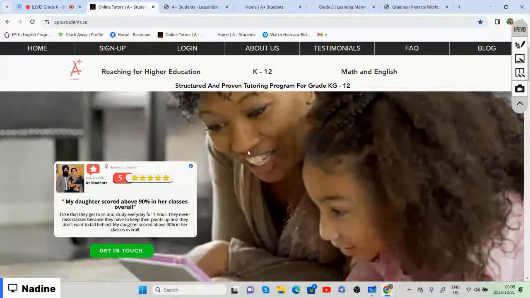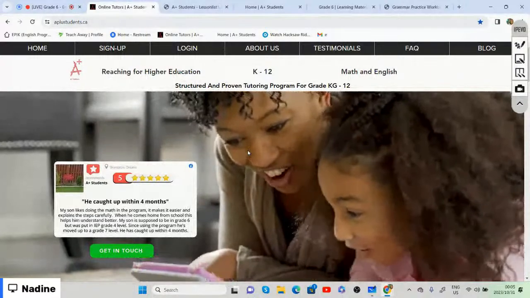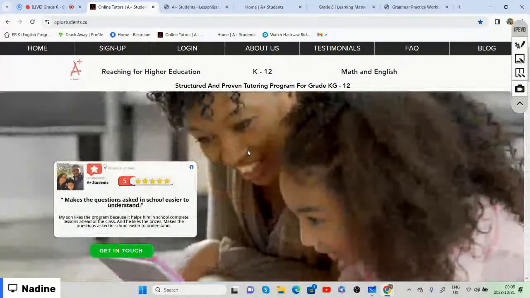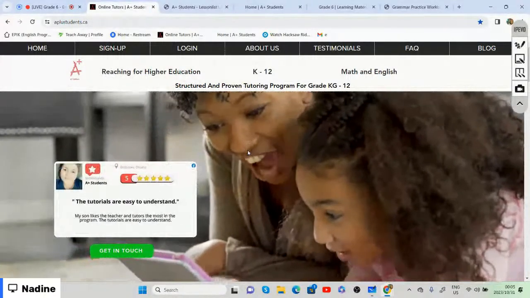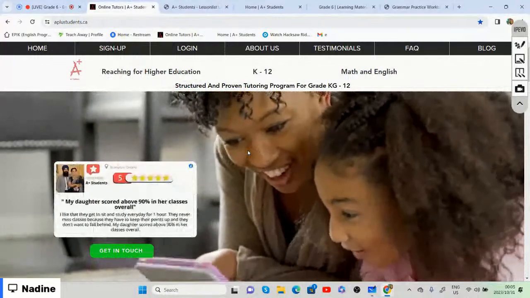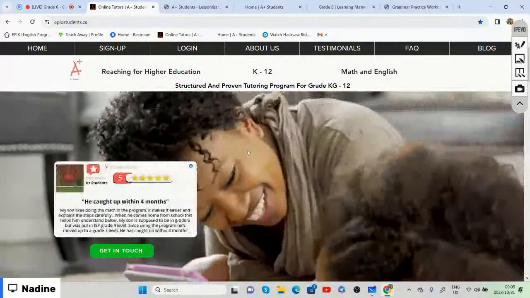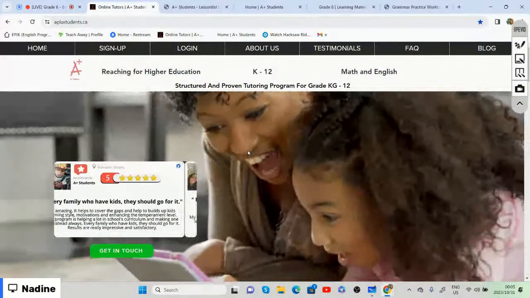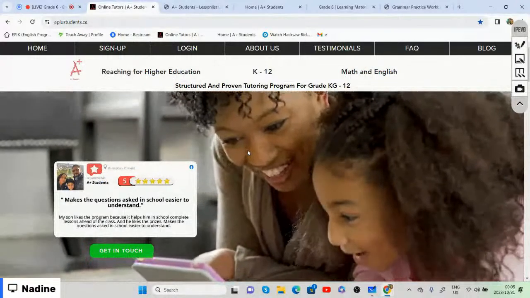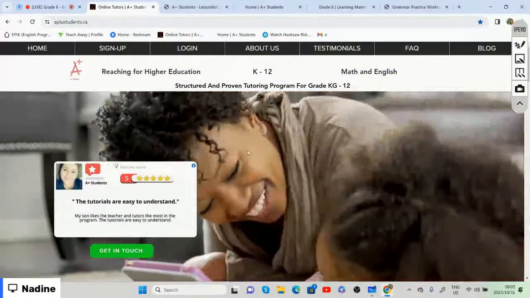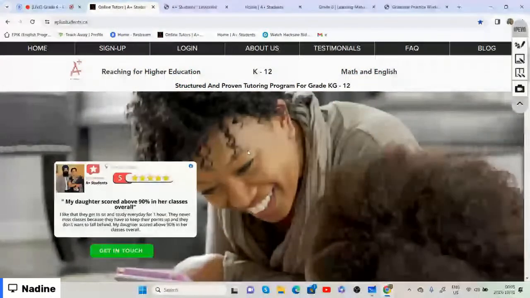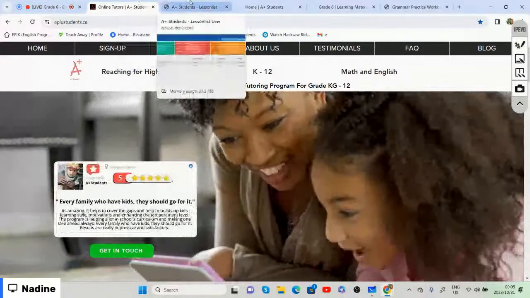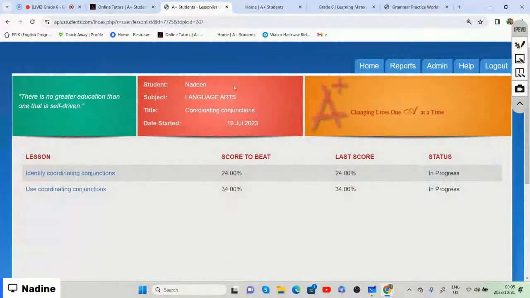Once we've logged in, we're going to select the subject of language arts, which is English, and then grade 6. After choosing grade 6, we are going to scroll down until we get to the chapter on coordinating conjunctions.